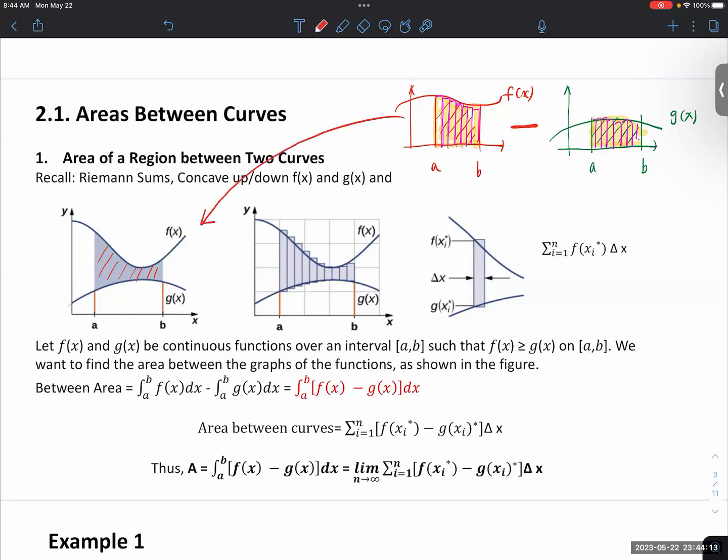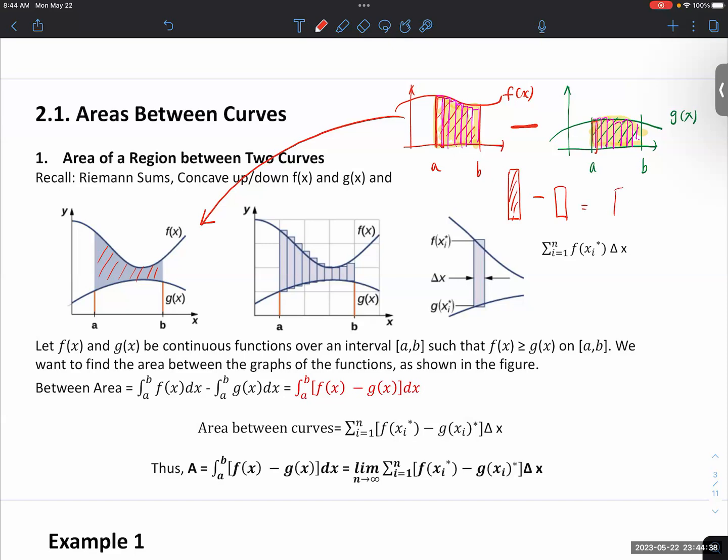Does it make sense? Because of that simple geometric idea, if you subtract, this is a little longer rectangle, and then you subtract a little bit shorter rectangle every time between a and b, you're going to subtract many times from the large length of the rectangle to the short length of the rectangle.